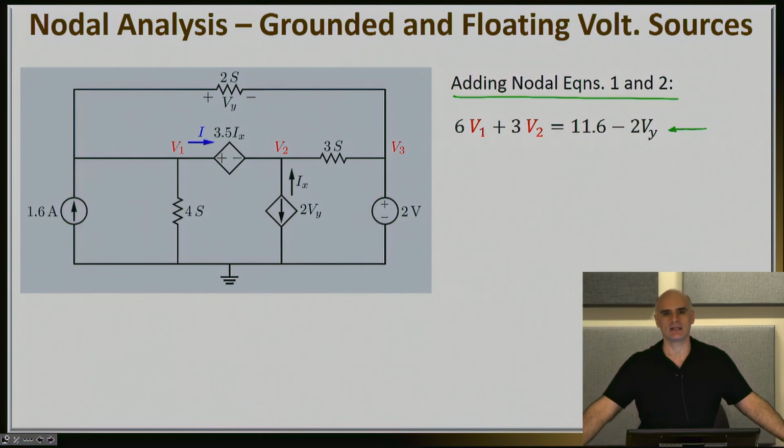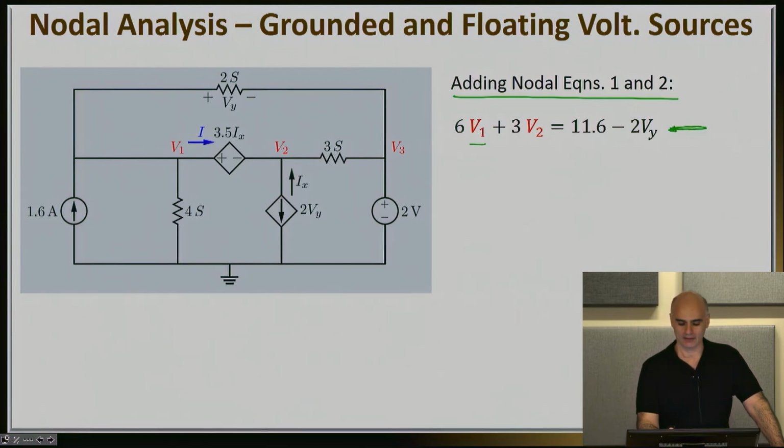Now you might say, this is wonderful, I got rid of my dummy variable, but now I have an additional problem. In fact, I have two problems. The first problem is that I have one equation, this one right here, but I have two unknowns, V1 and V2. So I need another equation. So I have to think about where to get this equation from.